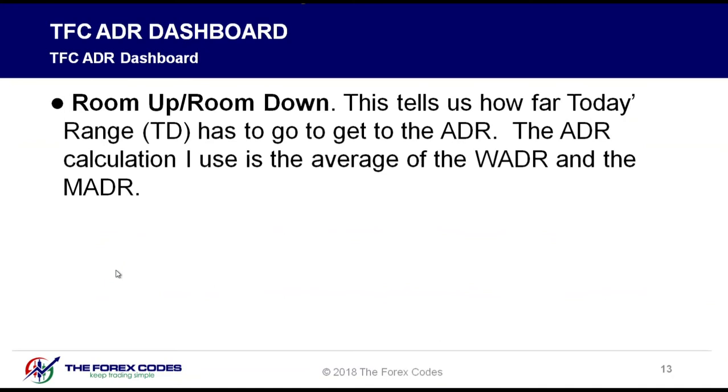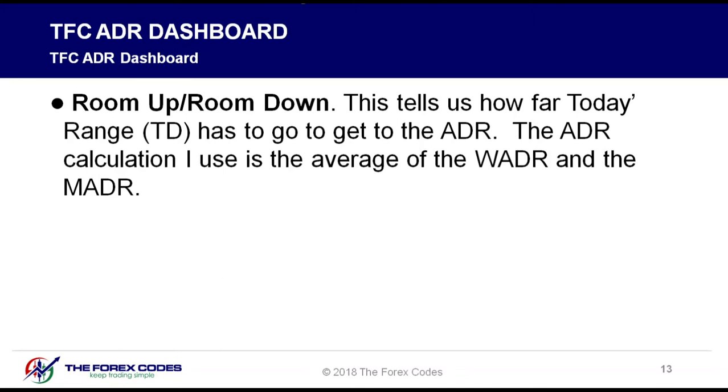Room up, room down. This tells us how far today's range, TD, has to go to get to the ADR. So if I'm taking a long trade, how much room up is left?